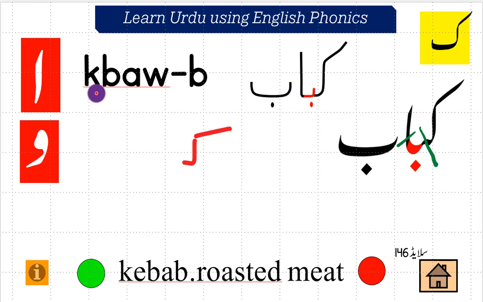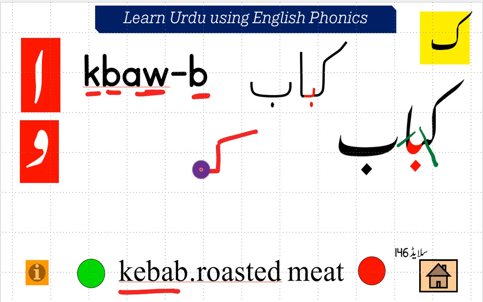Over here I have got the phonetics code k, b, a, ba, dash means a space, b, kebab. Kebab means roasted meat. If you don't understand what a kebab is in English, normally we also say kebab. So let me write it for you. Let's write this joining form again. K, this is the joining form.